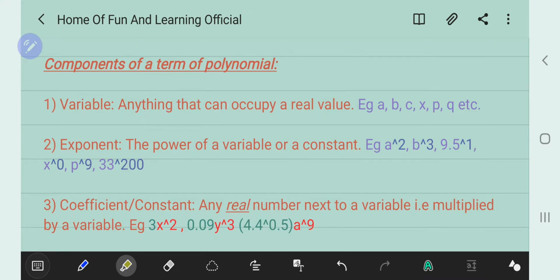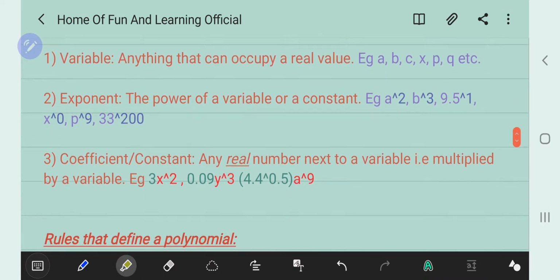For example, 3x to the power 2, 0.09y to the power 3, 4.4 to the power 0.5 multiplied by a to the power 9. Okay, all the things that are written in green are coefficients and constants.